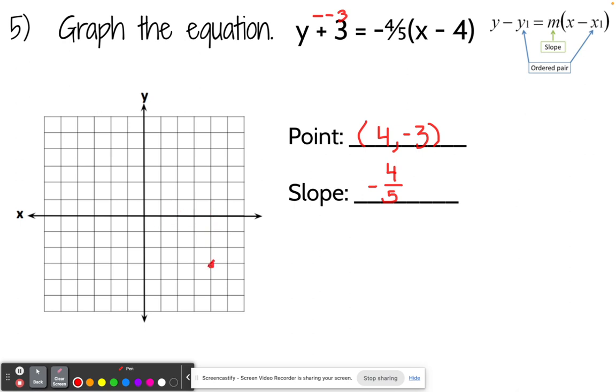There's my first point. I have a downhill slope. I can't go down 4 and right 5 or I'm off my graph. So I'm going to go up 4 and left 5. And my point is right there. That works.